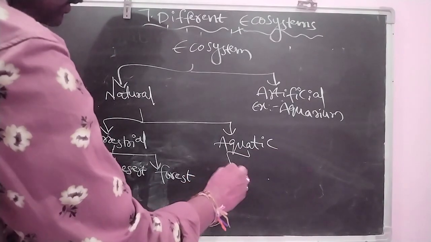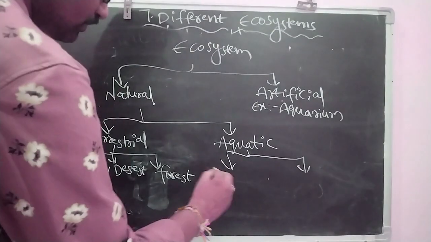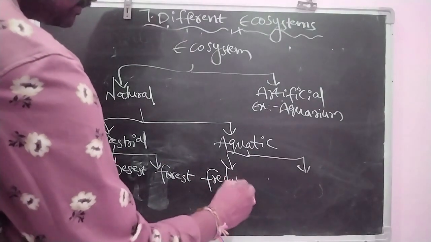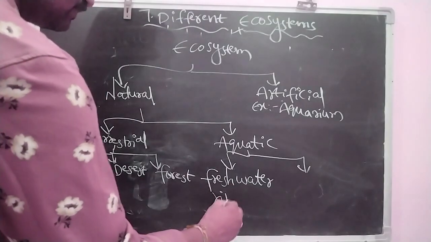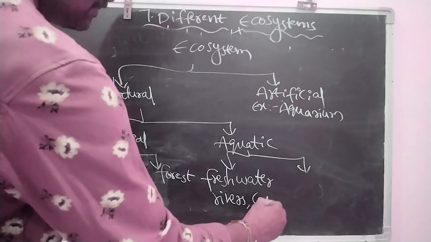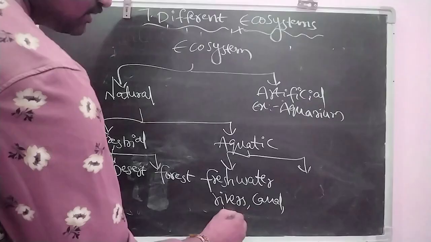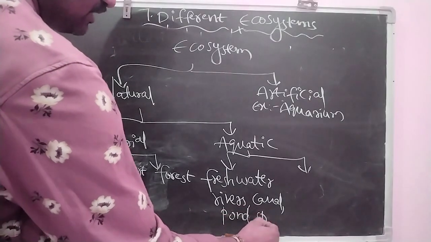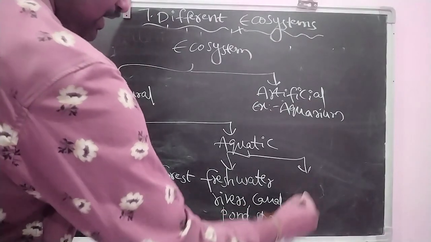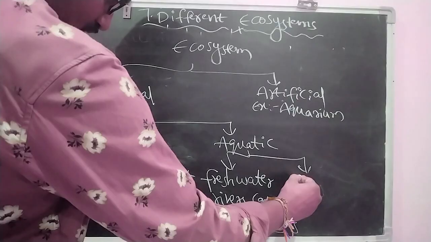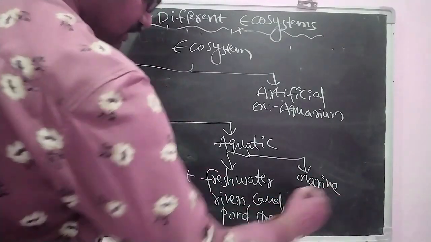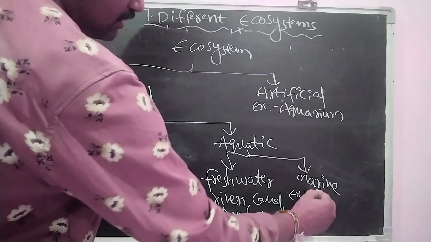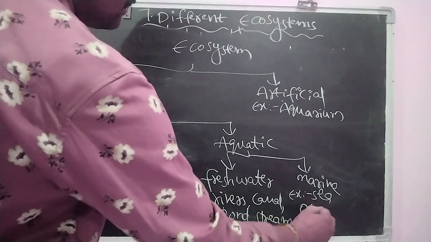Whereas aquatic has two types. Freshwater ecosystem, which relates to rivers, canals, ponds, streams like this, and marine water, which means salt water, sea, ocean.